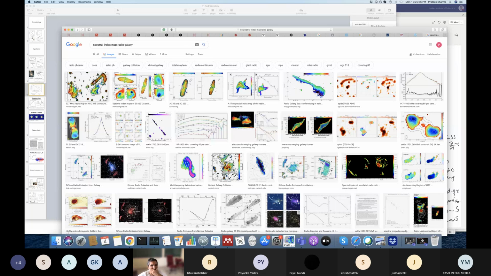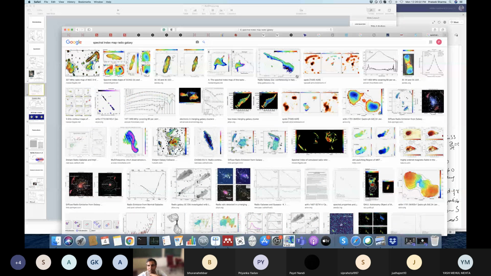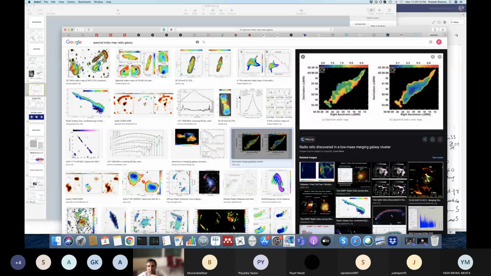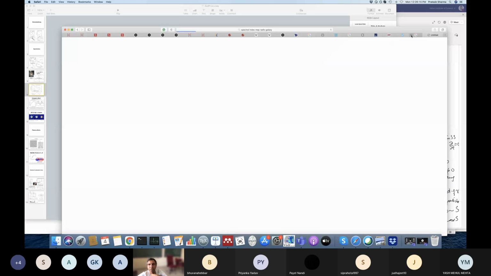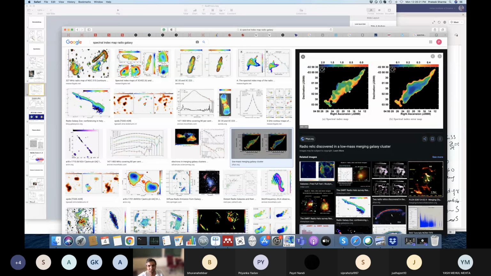So, for example, yeah. So this image is something called a spectral index map. So basically nu to the minus alpha. This is the map of that alpha.